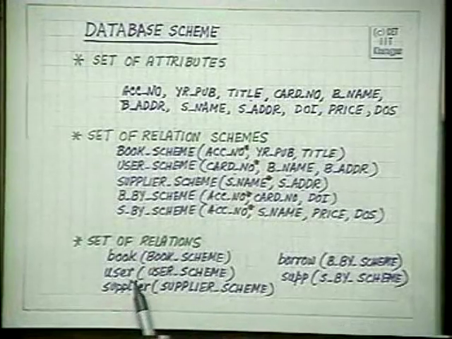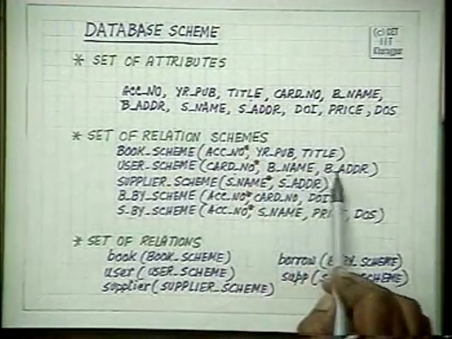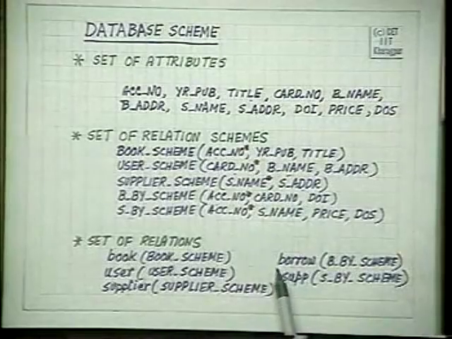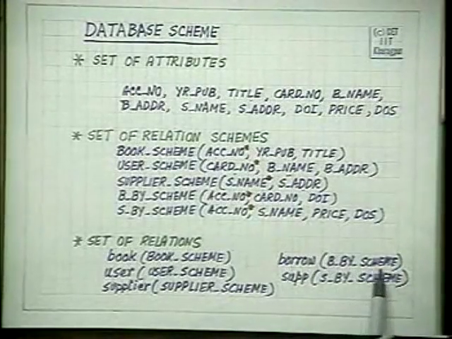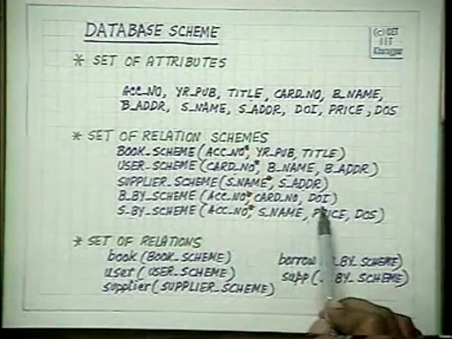So let us go back to two of our own relations. The user relation, which has card number, borrower's name, and borrower's address, and the borrow relation from the borrowed-by scheme, which has accession number, card number, and date of issue.